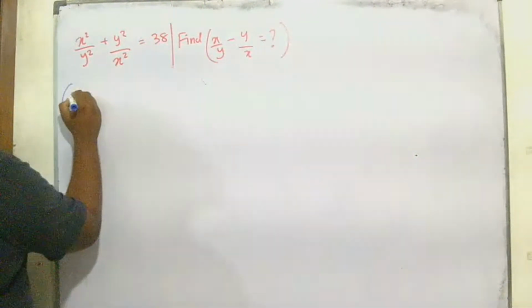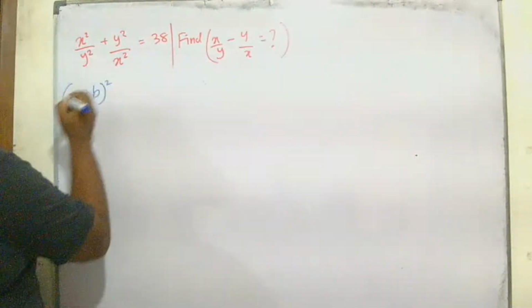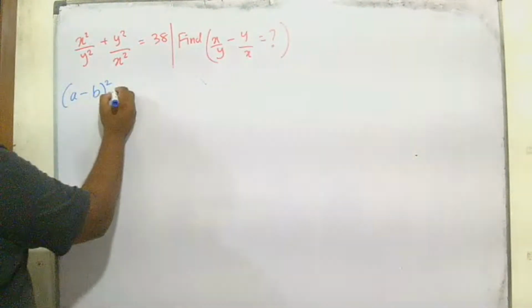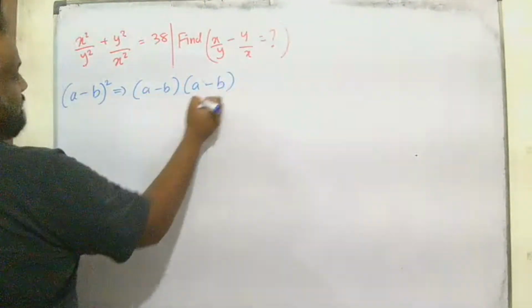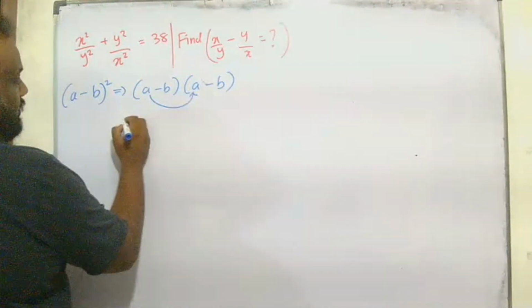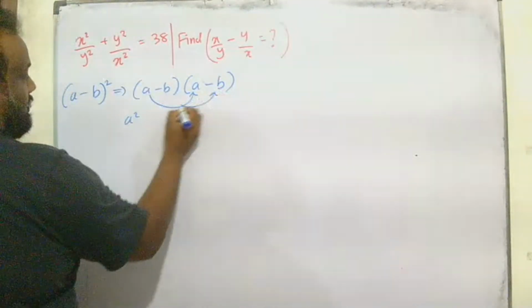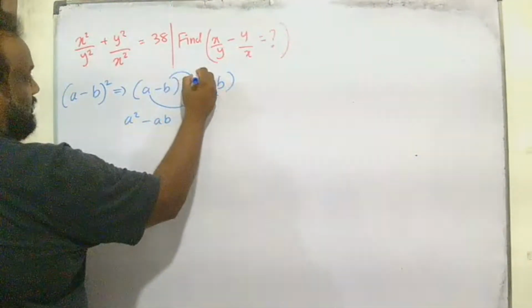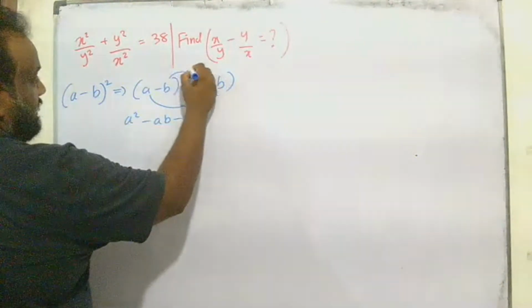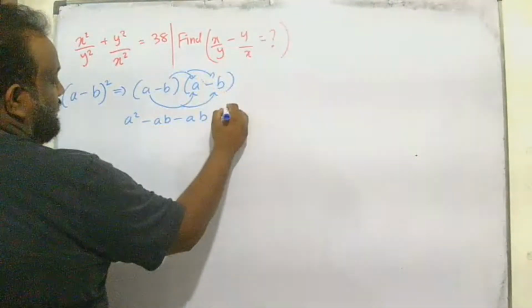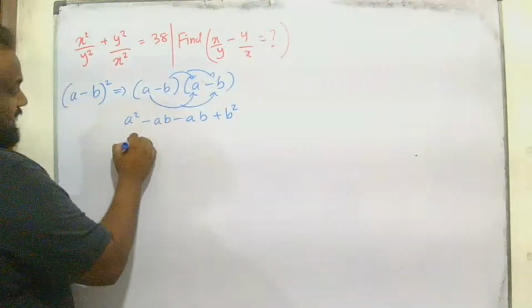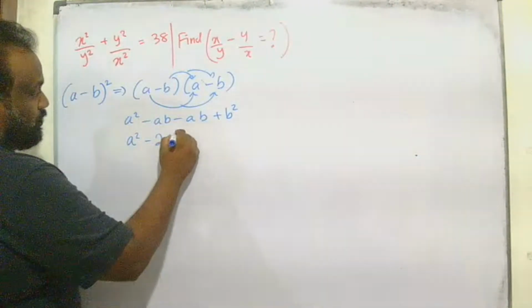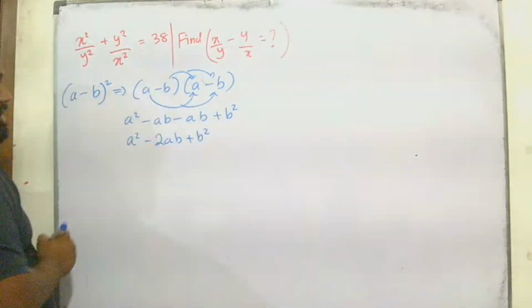Now let's take a binomial expression (a minus b) whole to the power 2. When I expand this, what would I get? (a minus b) times (a minus b): a into a, a squared, minus ab, minus ab plus b squared, which is a squared minus 2ab plus b squared.